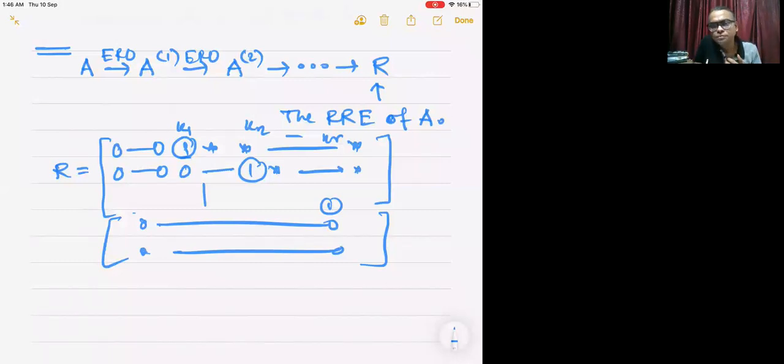Now think of the first leading one, which appears at the K1 column. Using this, I can make every entry in the first row equal to zero by doing column operations, without changing any entries in any other rows.